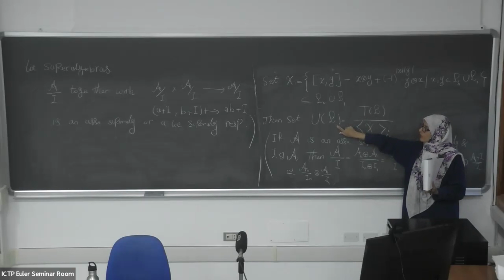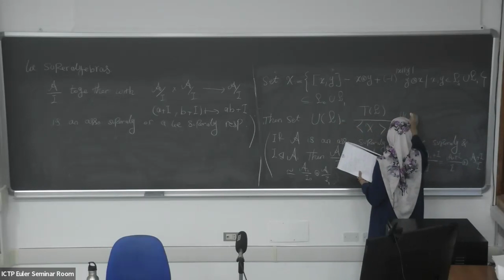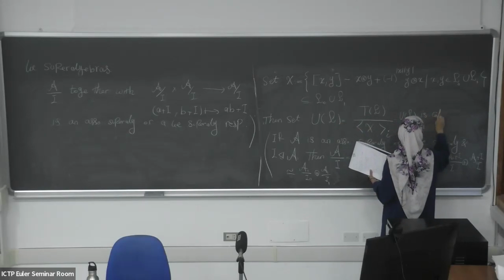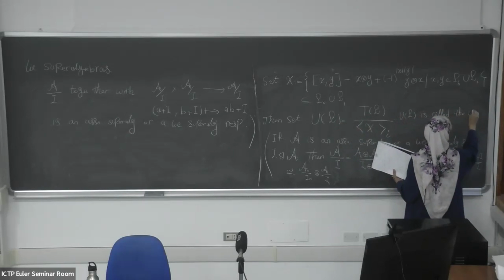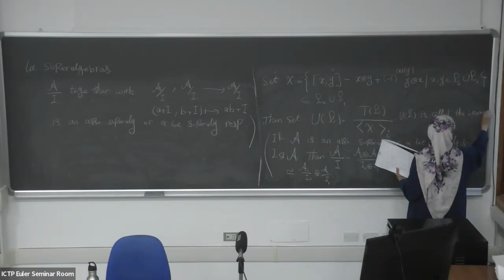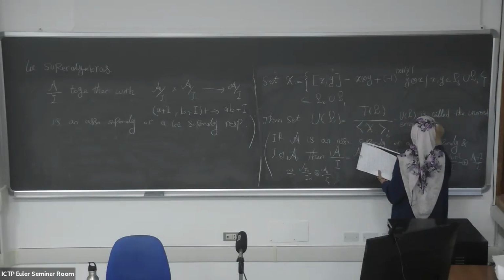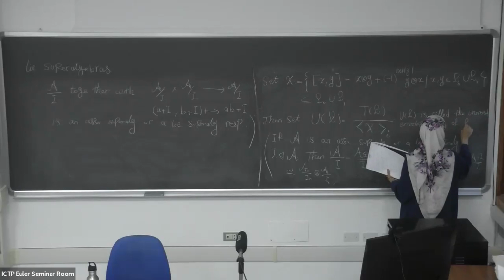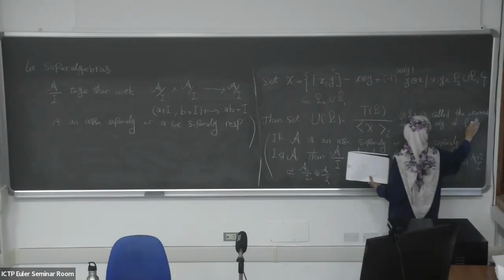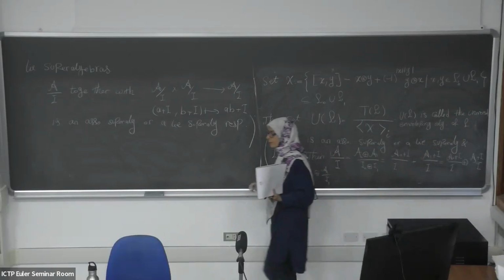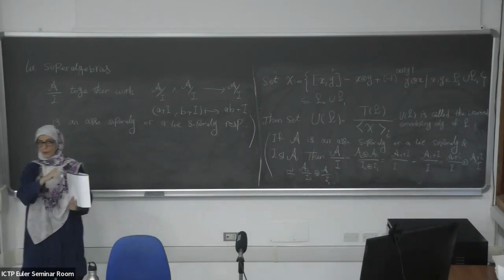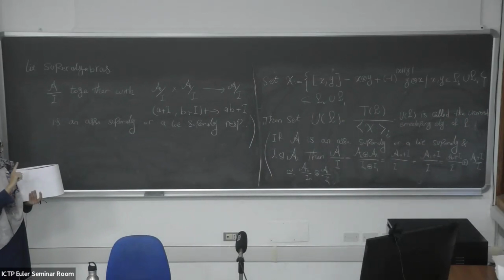This UL is called the universal enveloping algebra of L. And to study the representation of a Lie superalgebra, this UL plays a very important role. Okay?